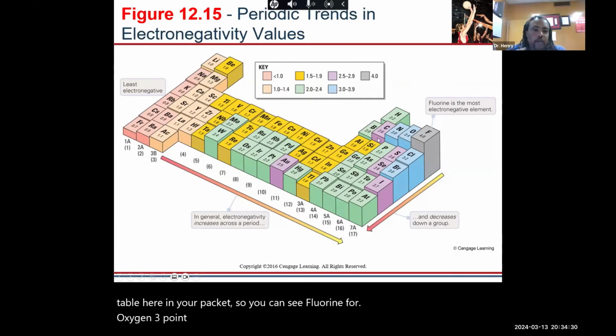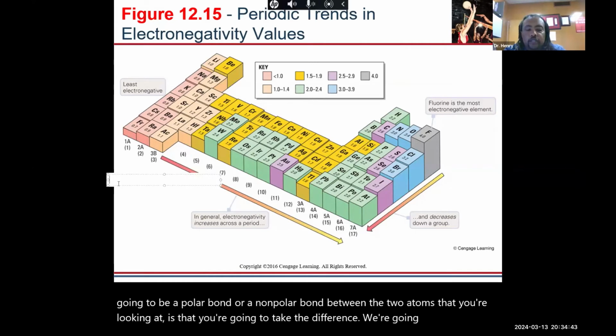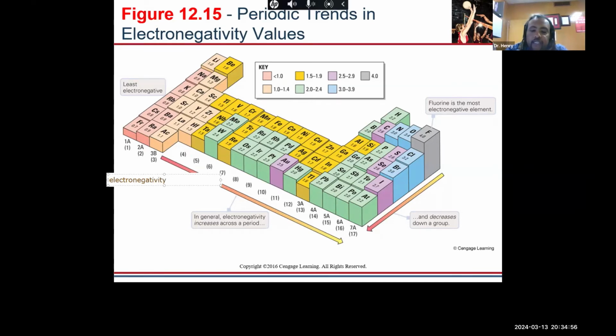Now, to determine whether the bond between the two atoms you're looking at is polar or nonpolar, you take the difference in electronegativity, which we call En.